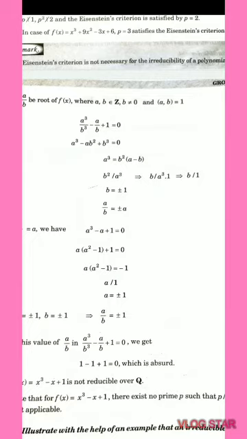This implies a³ − ab² + b³ = 0, and so a³ = b²(a − b). Or we can say that b² divides a³. That is, b² divides a³·1, but a and b are coprime, therefore b divides 1. So b = ±1, and substituting the value of b, we get a/b = ±a.